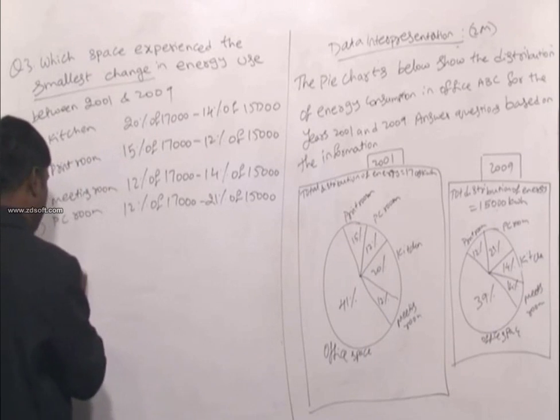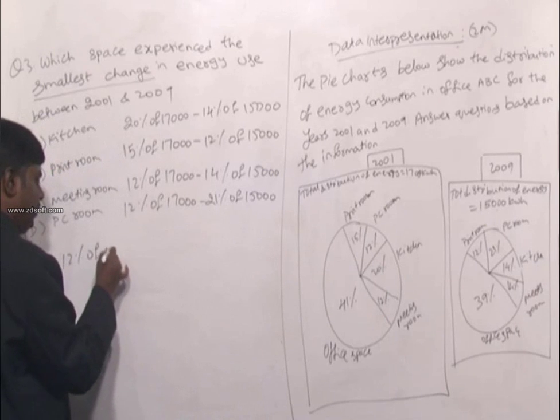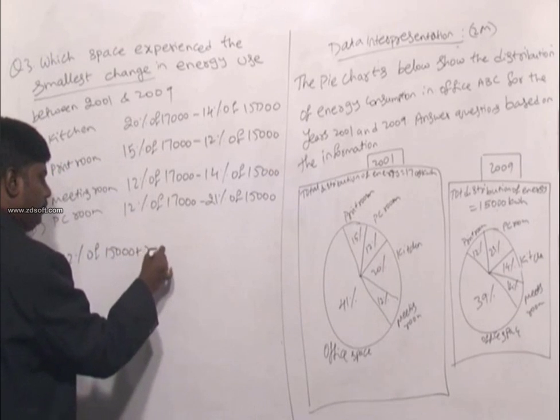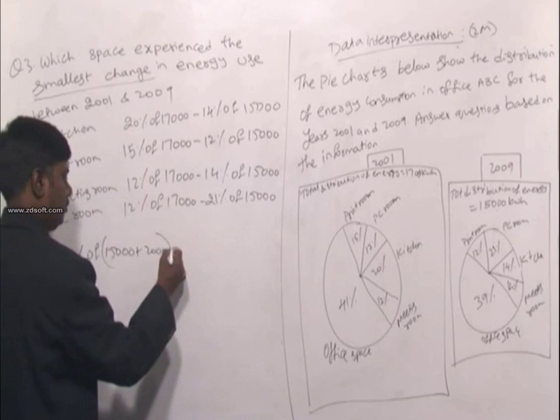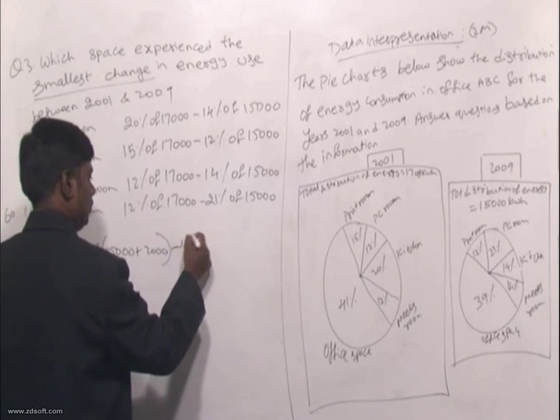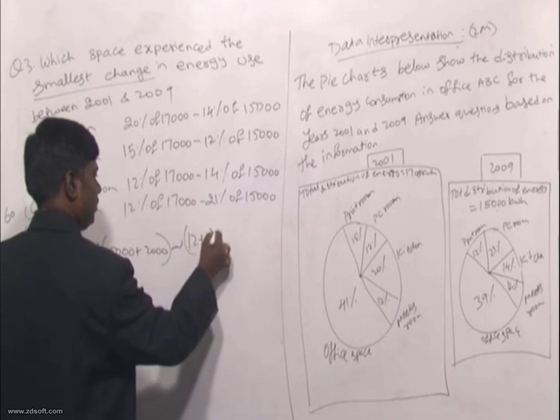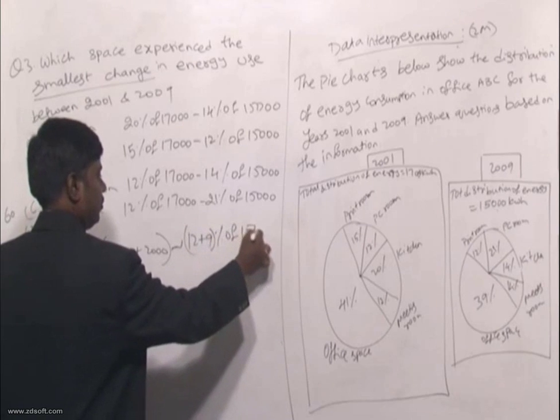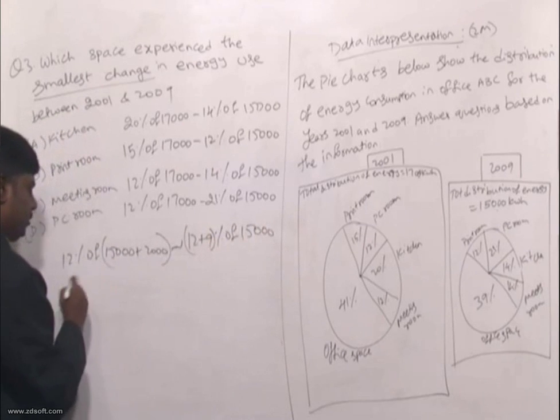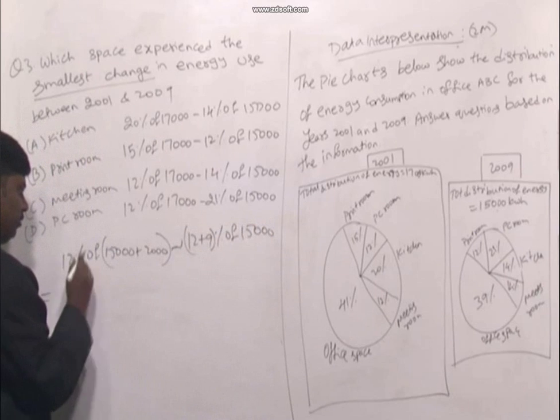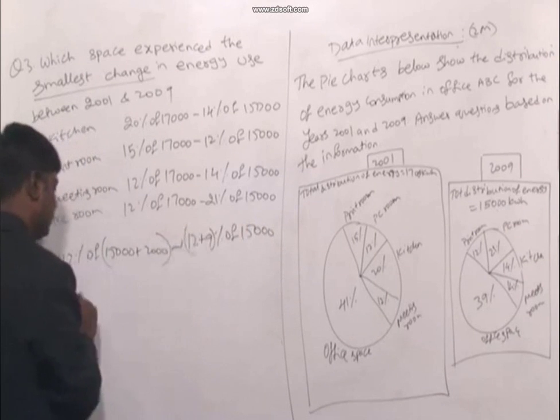I'll consider 12% of 15,000 plus 2,000, 12 plus 9% of 15,000. So difference, 12% of 15,000, 12% of 15,000, that gets cancelled out.